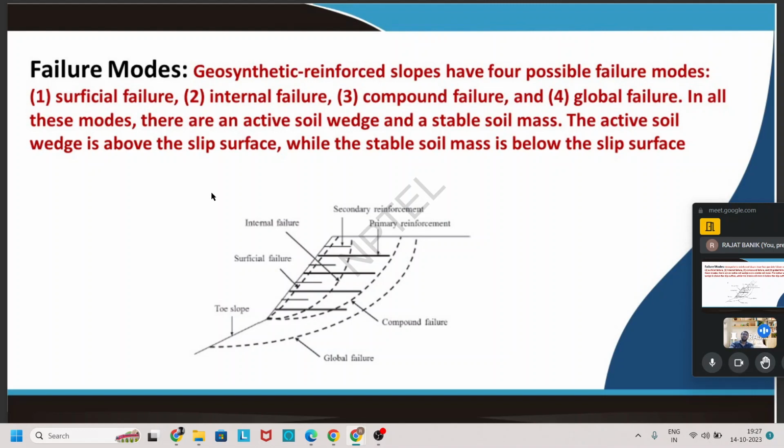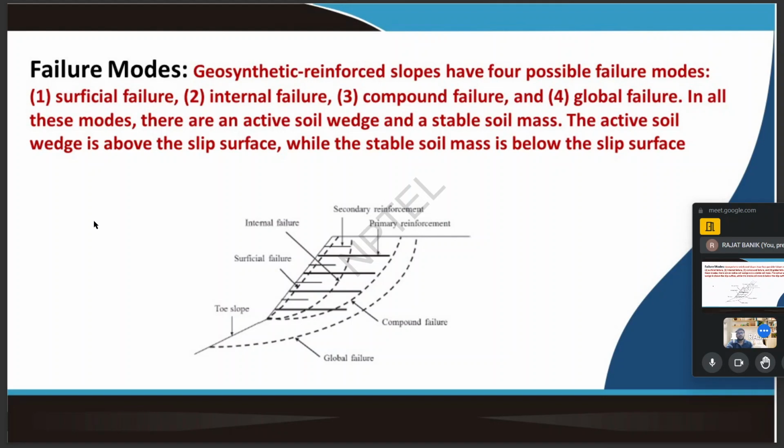So here it is said that geosynthetic reinforced slope have four possible failure modes: superficial failure, internal failure, compound failure, and global failure. In all these modes, there are an active soil wedge and a stable soil mass.